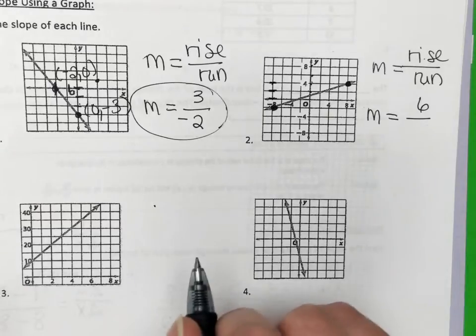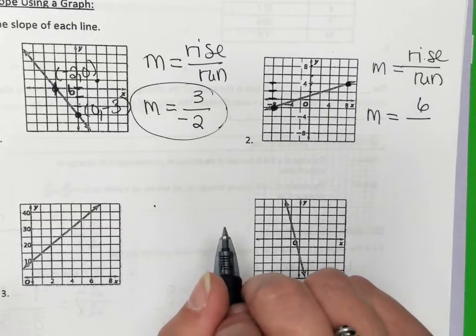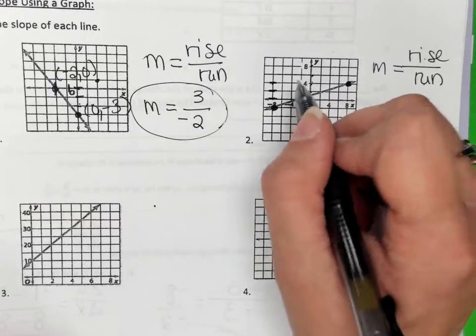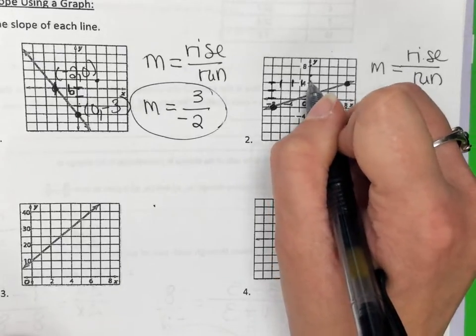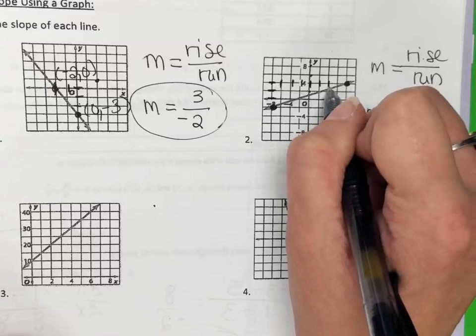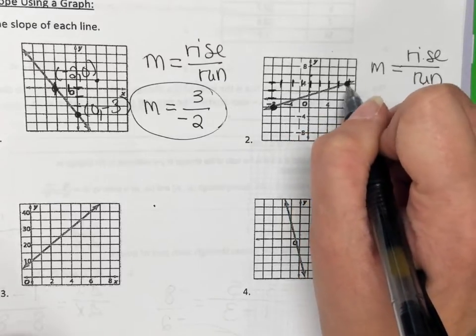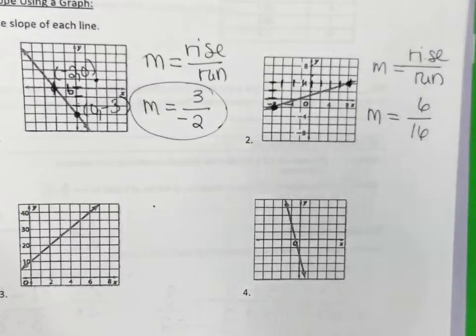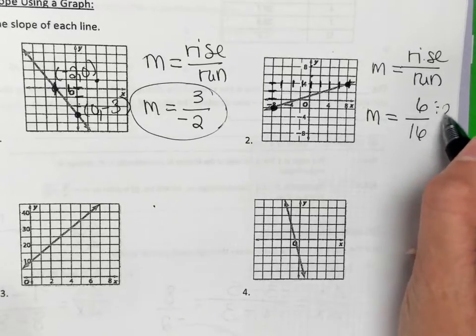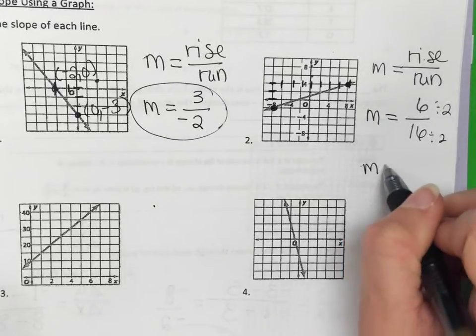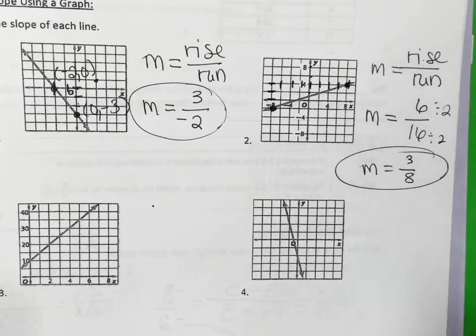Anybody lost about that? All right, now I've got to run. So I'm going to run 2, 4, 6, 8, 10, 12, 14, 16. I ran 16, okay? So what's my answer? 3 over 8, right? Because they're both divisible by 2. Still okay?